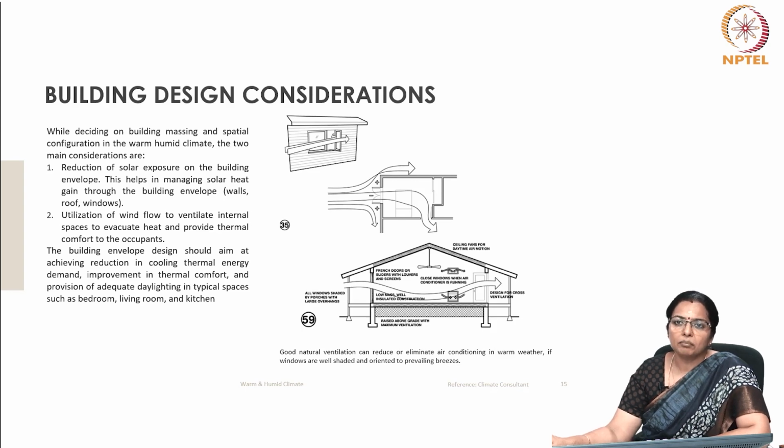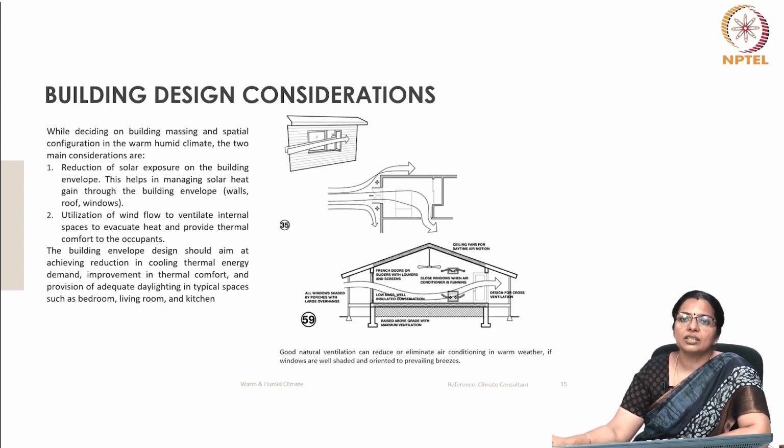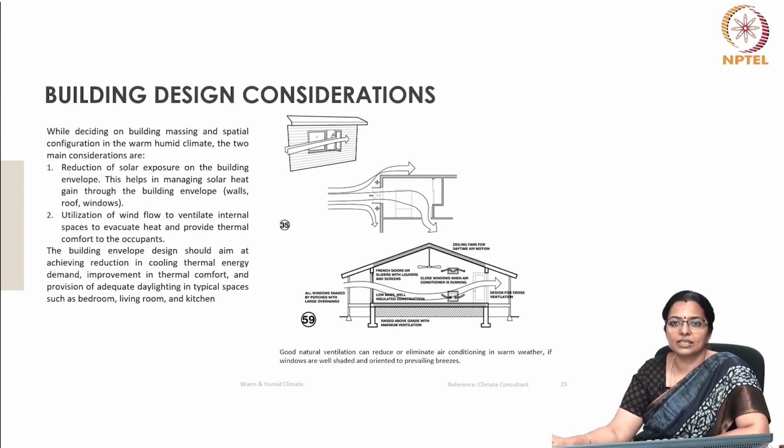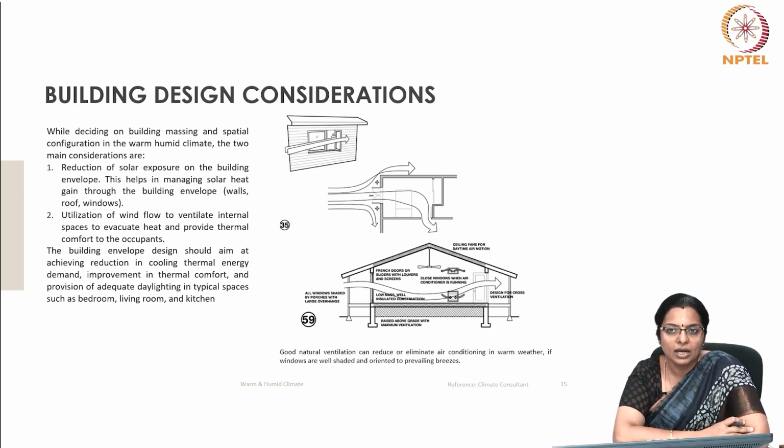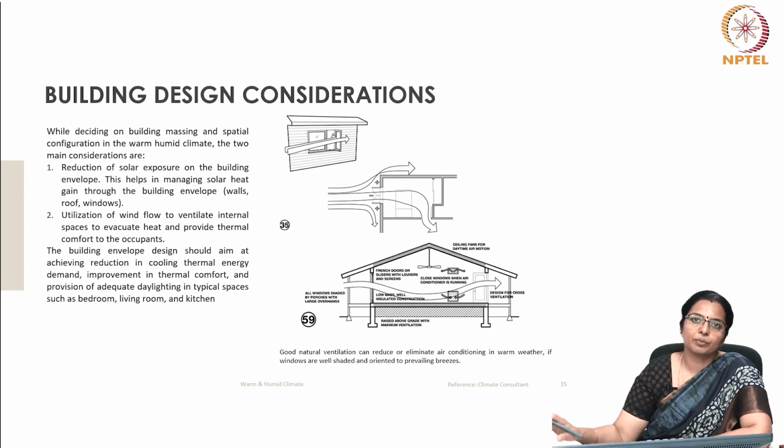The main building envelope or facade features that influence daylighting in residential units must also be considered. The building envelope design should aim at achieving reduction in cooling thermal energy demand and improvement in the thermal comfort, with provision for adequate daylighting in typical spaces such as bedroom, living room and kitchen.